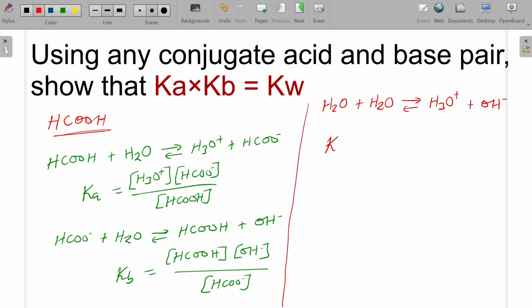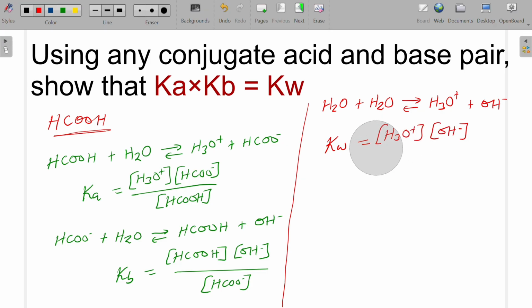So now the next step is to write the Kw expression. Kw will be the concentration of the products divided by the concentration of the reactants. But you should notice that on the reactant side we only have water, and this water is in liquid form, so we're not going to include it.